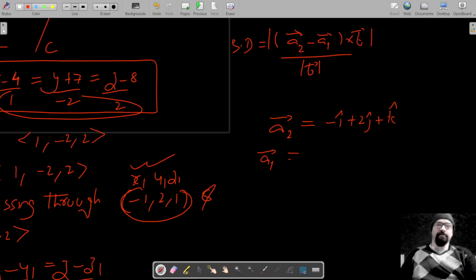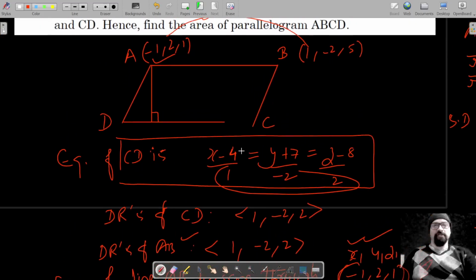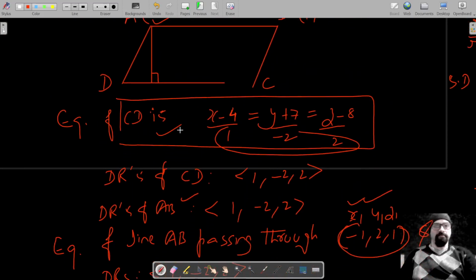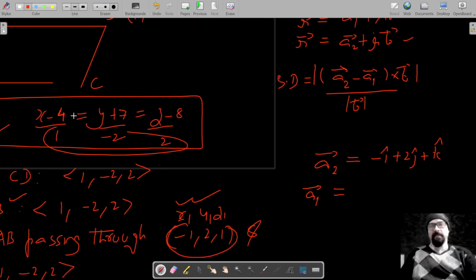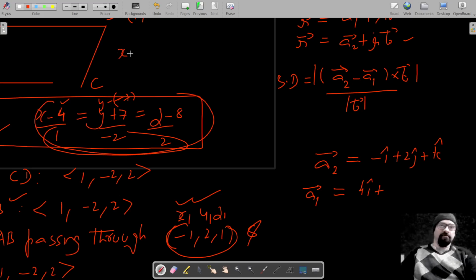And a1 is the position vector of the point through which our other line, CD, is passing. If I write this in the standard form, it will be (x minus 4) by 1 is equal to (y minus of minus 7) by negative 2 is equal to (z minus 8) by 2.